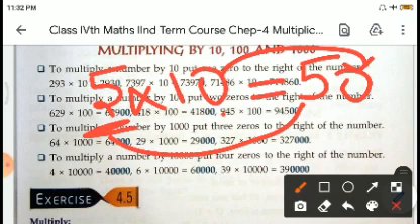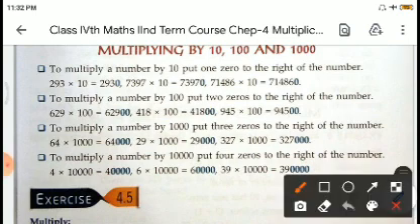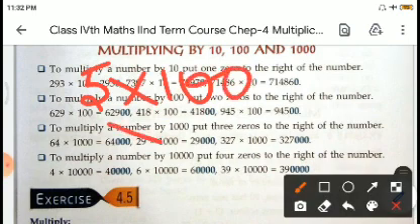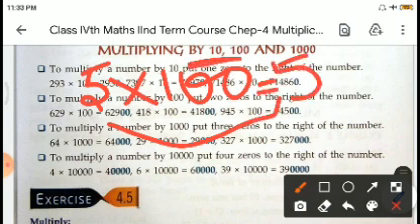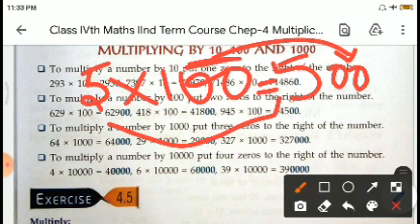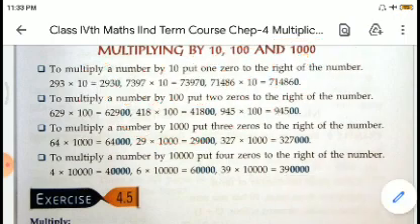Now suppose we have to multiply the number by 100. So 5 comes here, and these two zeros together will come here. So 5 is multiplied only by 1.